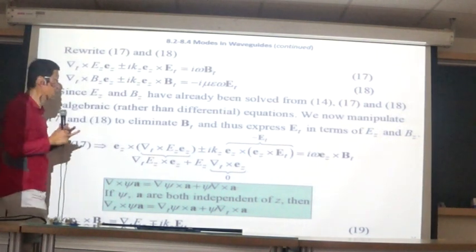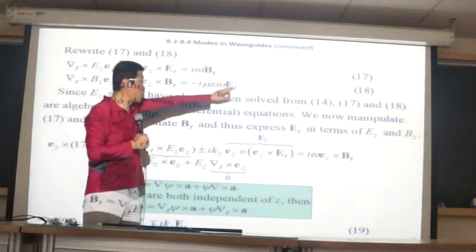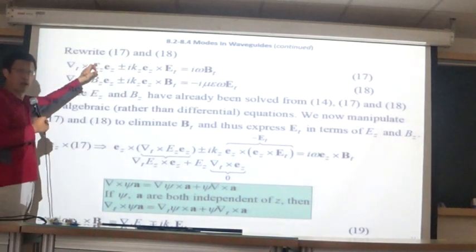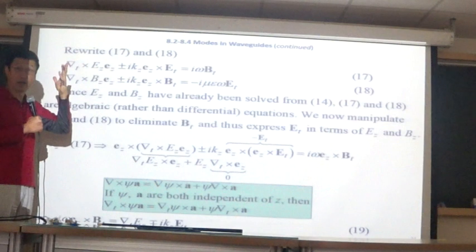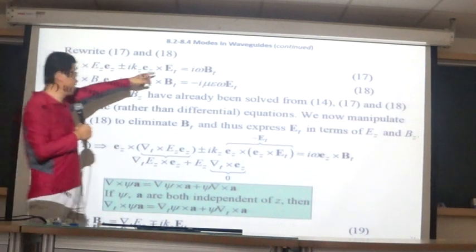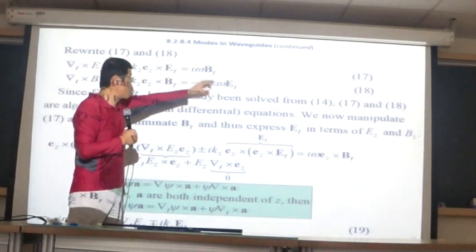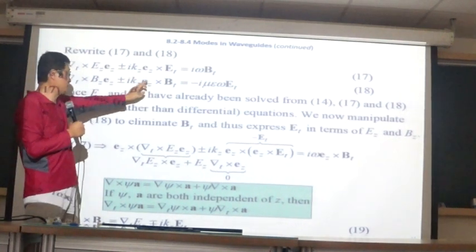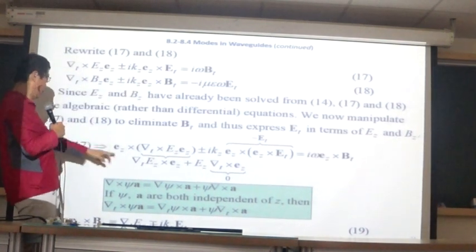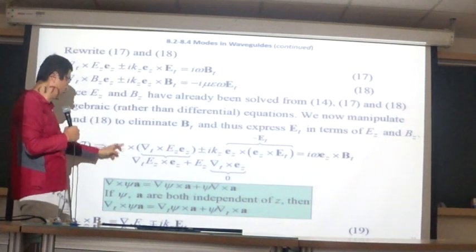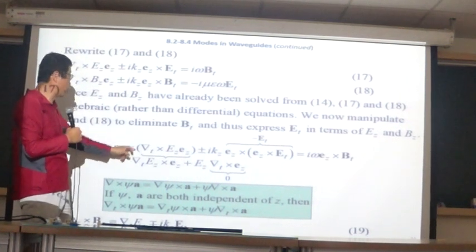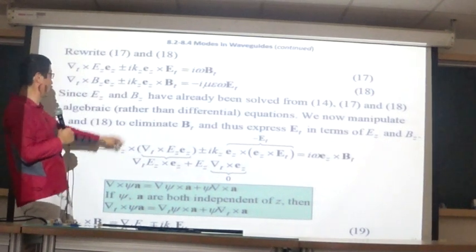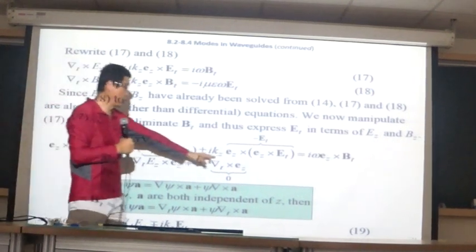In that case, we have the transverse component and the Z component. Okay? The E transverse, because we multiply this one. EZ first. Okay, so we multiply this one. EZ curl of these terms, this one. EZ curl of these terms, this one.